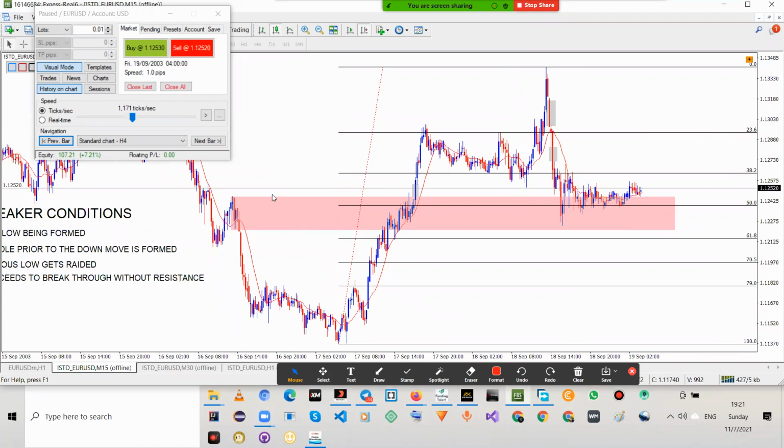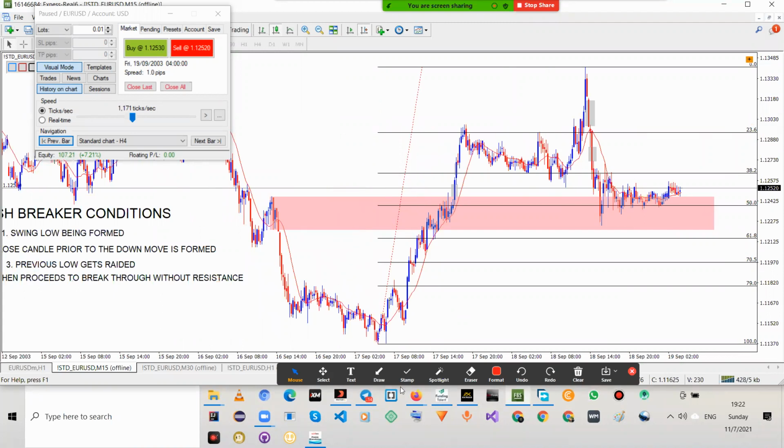So as you can see, I think I'm going to need my line here. The swing low has been formed. This is the swing low that is being formed. Then an up close candle.